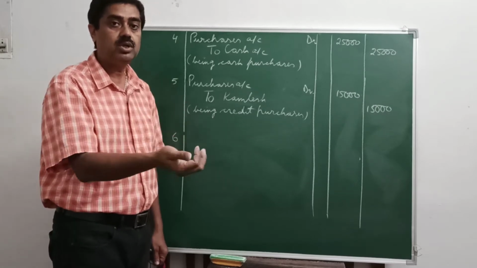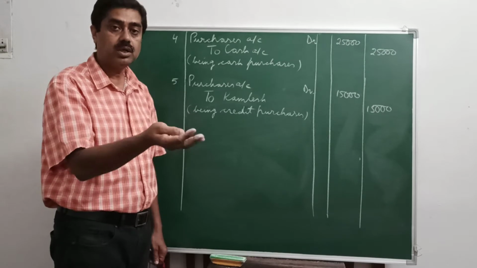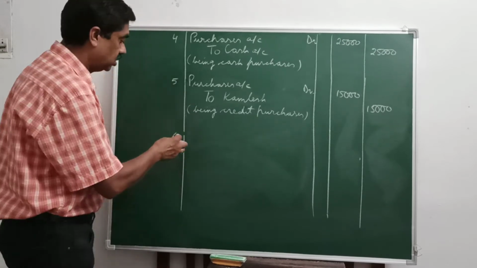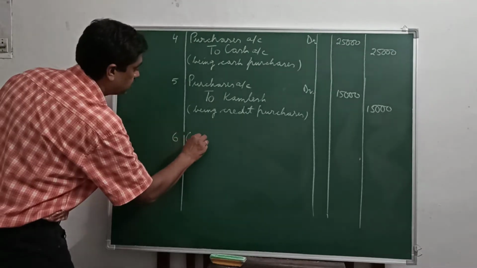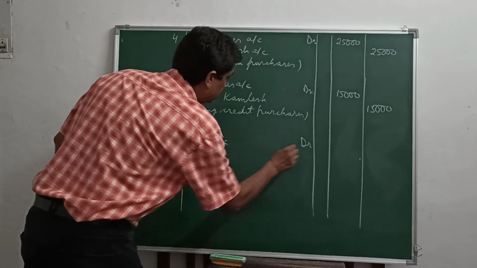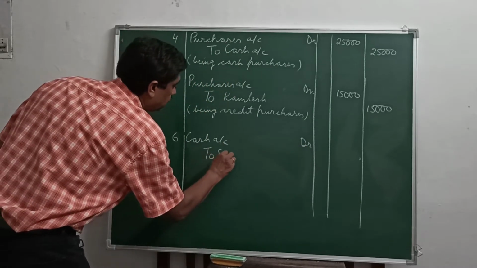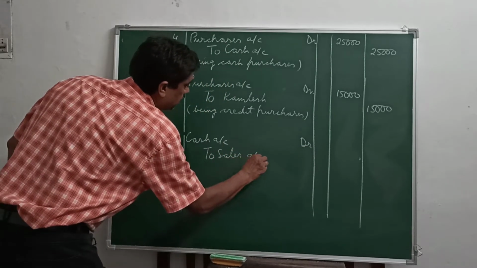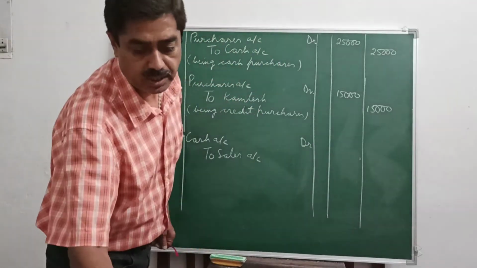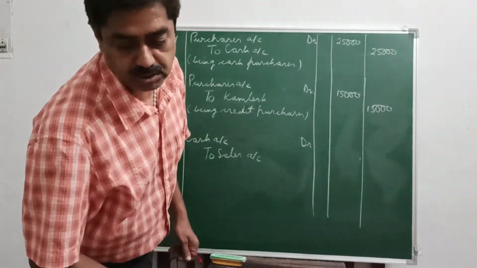From business point of view, cash is coming in and you're earning income. Credit all incomes and gains. So we will debit cash account to sales account. Debit what comes in, credit all incomes and gains, and the amount being 36,000.